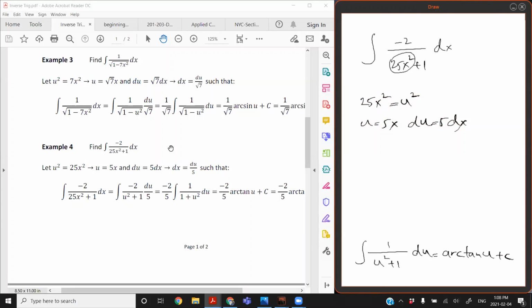I just need a 5 that I'm missing here. So multiply by a 5, divide by a 5. So this becomes negative 2 over 5 integral of this part, which is now du. At the bottom, I have what I needed.